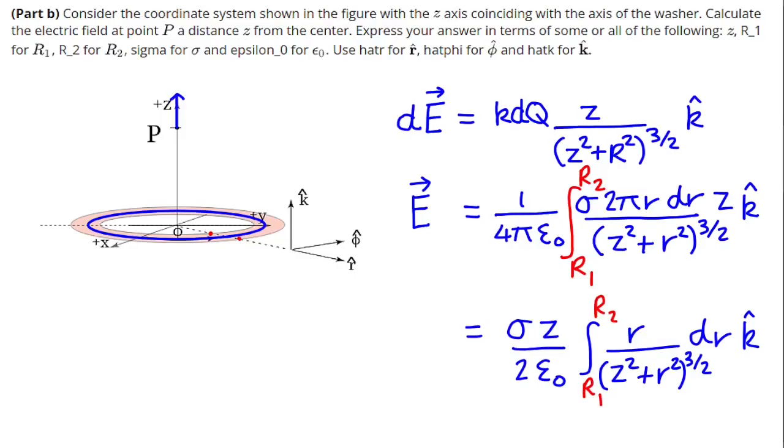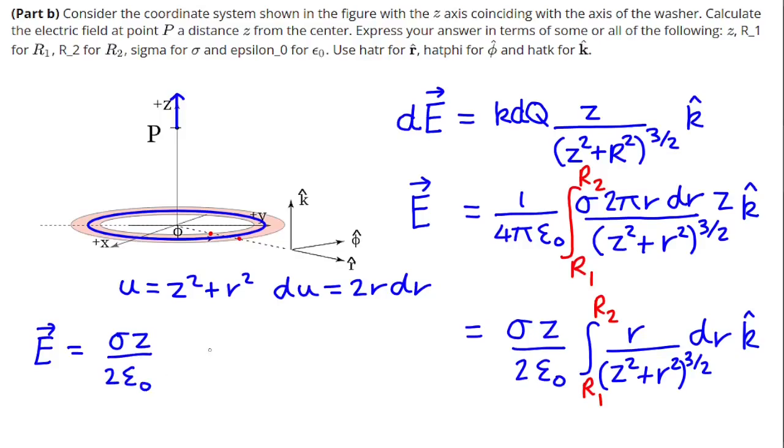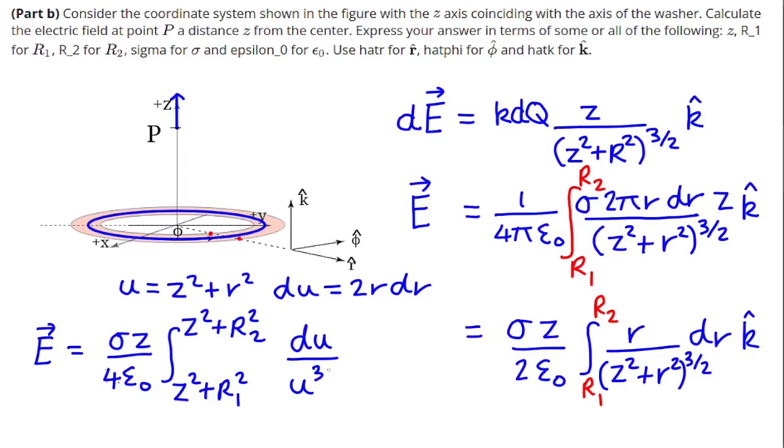So if we use u substitution, we have u is z squared plus r squared, and therefore du is 2r dr. So the electric field can be written as sigma z on 2 epsilon naught, and we integrate from z squared plus r1 squared to z squared plus r2 squared, and r dr is 1/2 du, so we get a 4 here, and we're integrating u to the 3/2 with respect to u.